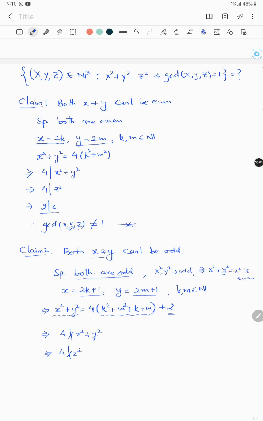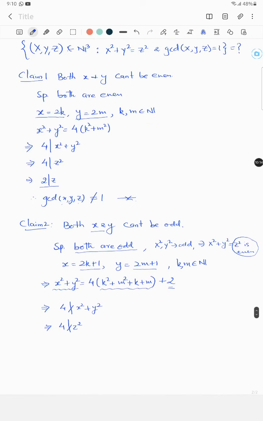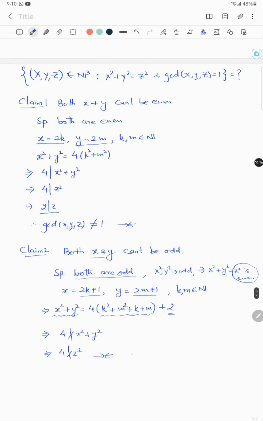So a perfect square, if it is even, then it has to be a multiple of 4. Okay, a simple observation, which is a contradiction, because an even perfect square must be a multiple of 4.